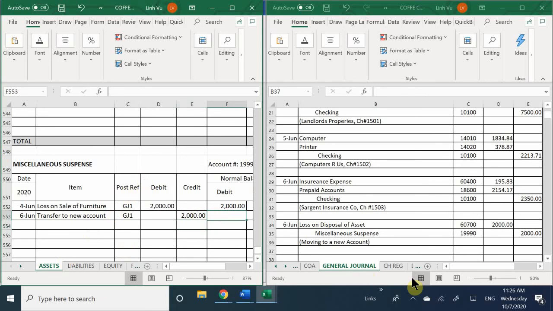So if you apply your formula, you're going to take your previous amount from above, add any debits, and subtract any credits to get you to now 0. Okay? So now I zeroed and completely took everything out of that account and moved it into a brand new account, which is also known as the loss on disposal of asset.